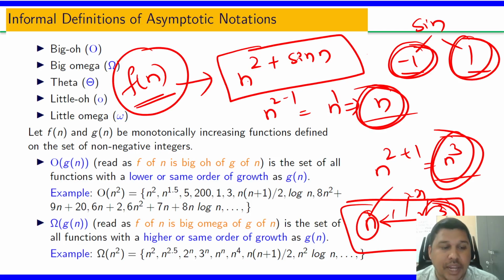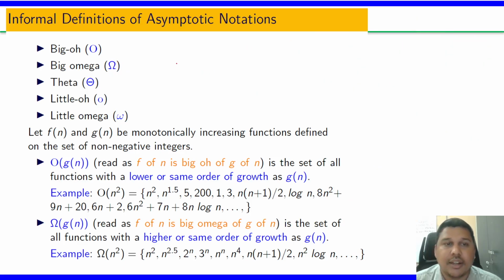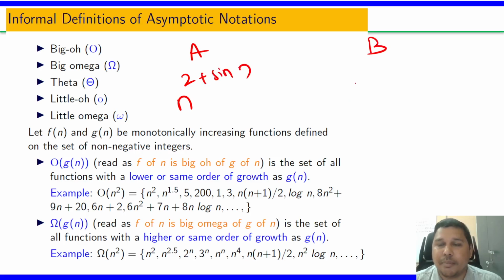Now how will you compare? My question is here. Algorithm A, its running time is n power 2 plus sin n. Algorithm B, it is n square, or maybe n cube. Which one is the best one? You have to identify whether A is best or B is best.